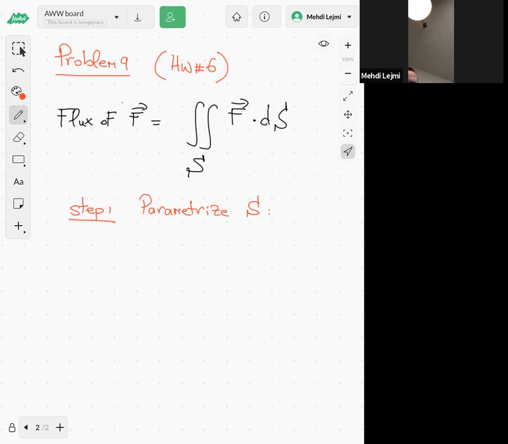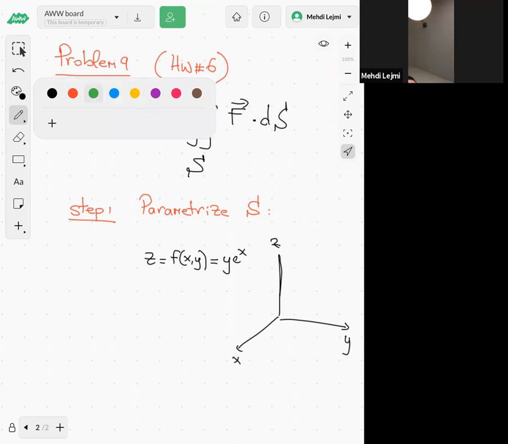You can imagine you have your 3 axes, X, Y, Z, and this function Z equals Y e to the X. So Z is F of XY, which is Y e to the X. When you graph this function F, you have a point in the XY plane.